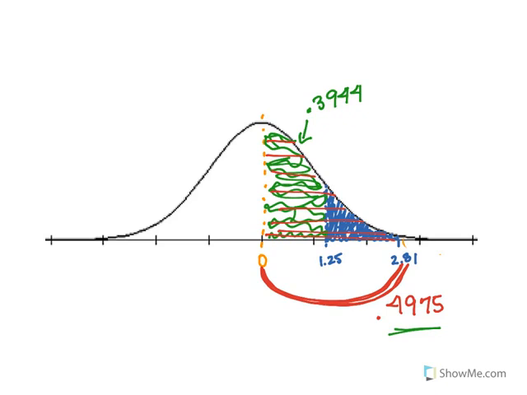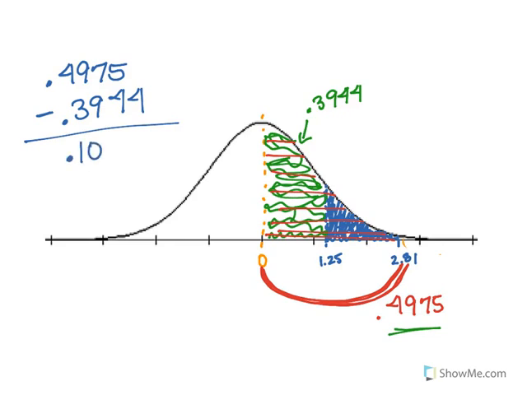So that's what we're going to do. We're going to take 0.4975 and subtract 0.3944, and that would give us 0.1031.